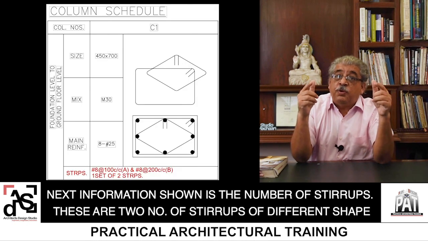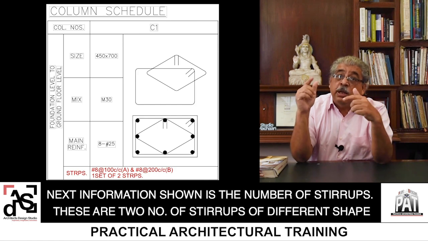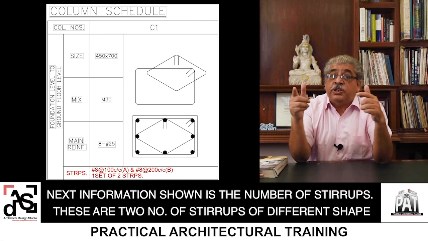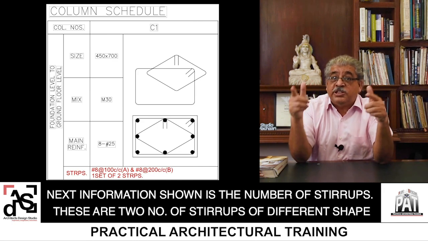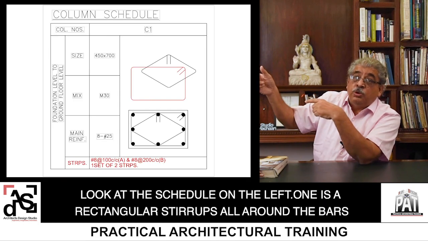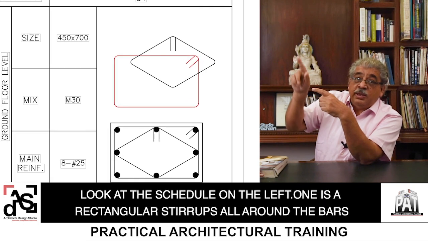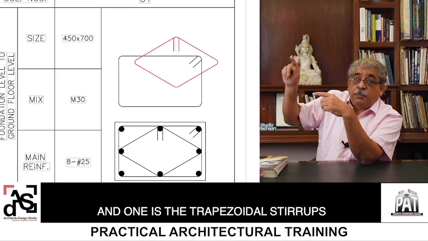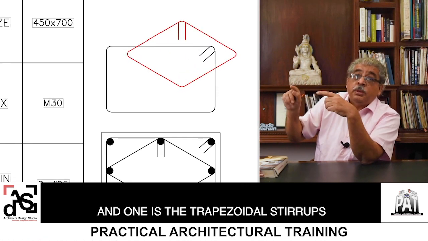The next information shown is the number of stirrups. There are two stirrups of different shape. Look at the schedule on the left. One is a rectangular shape and the other one is a trapezoidal stirrup.